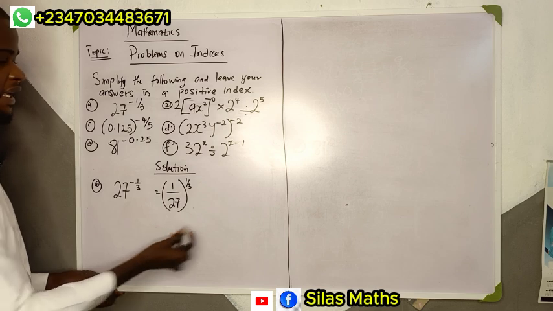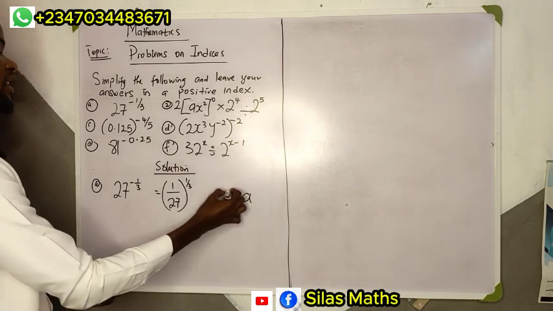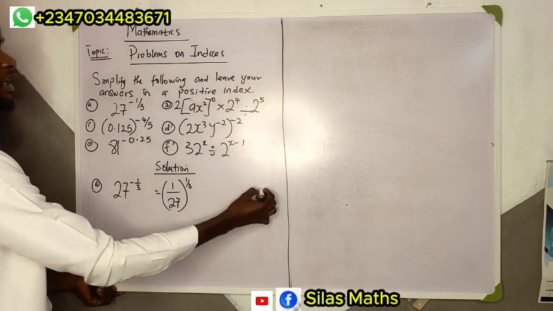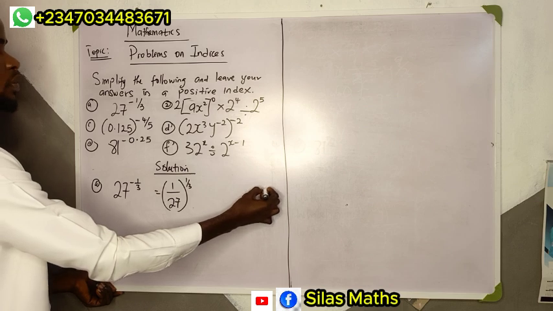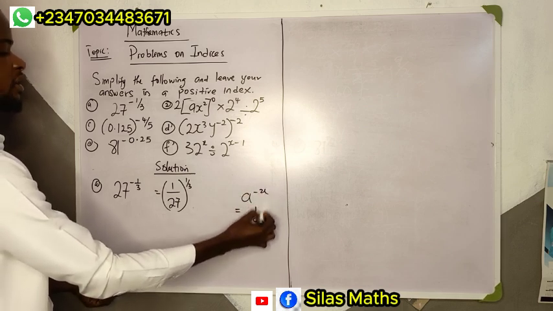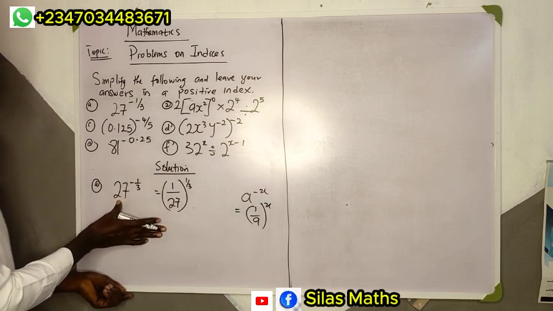What law do we apply here? That is the negative power law: whenever a number is raised to a negative power, we take the reciprocal of the number. So a to the power of negative x is equal to 1 over a to the power of x. That's the law we just applied here.